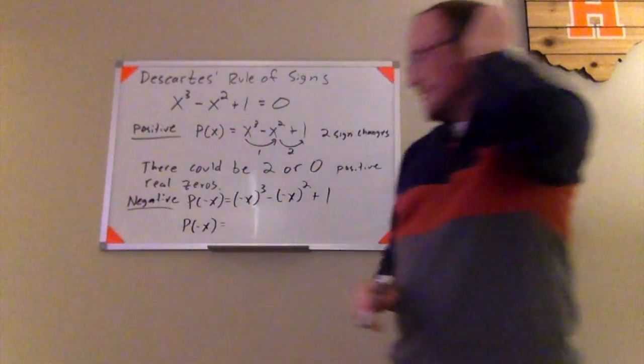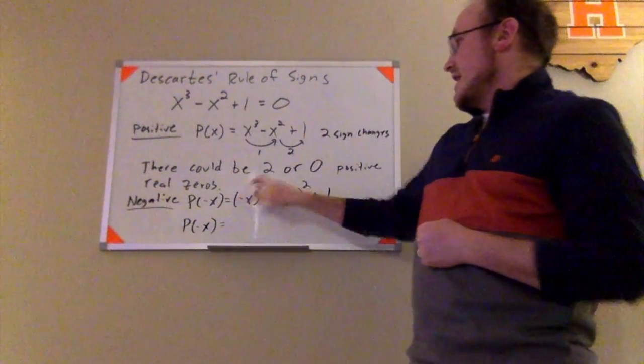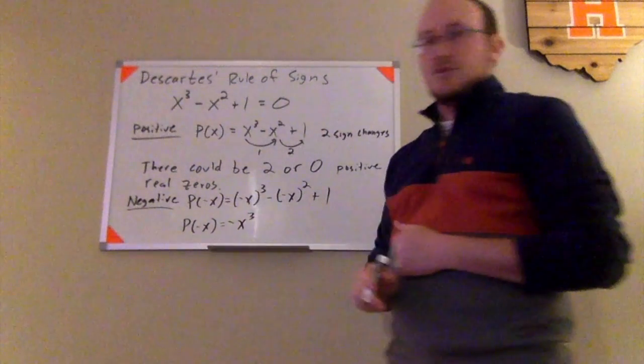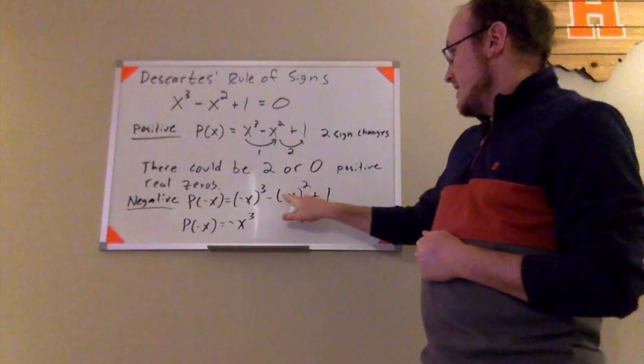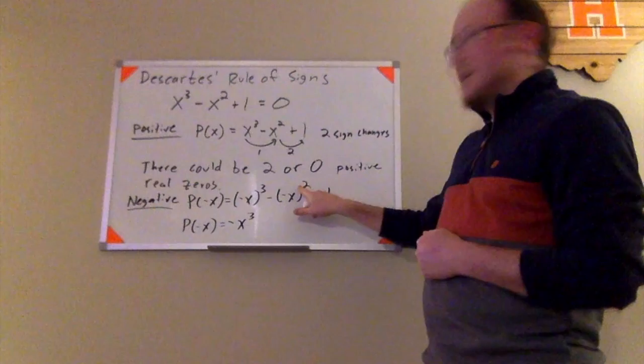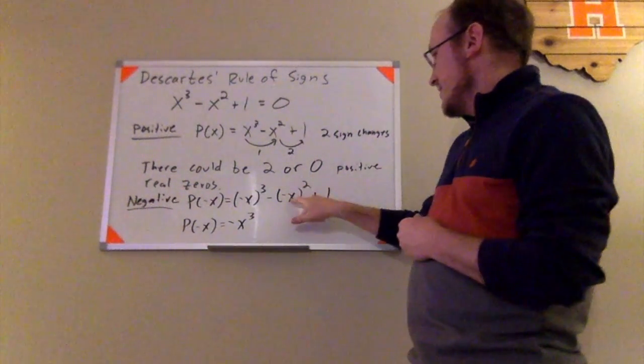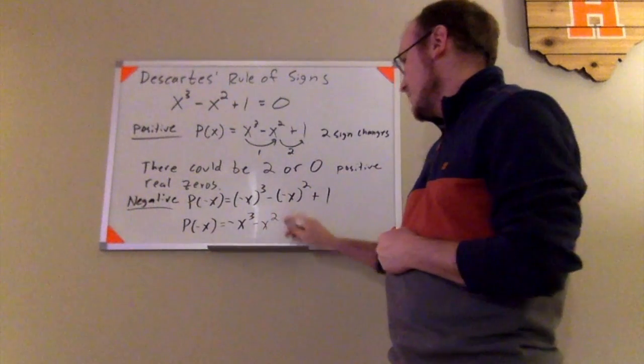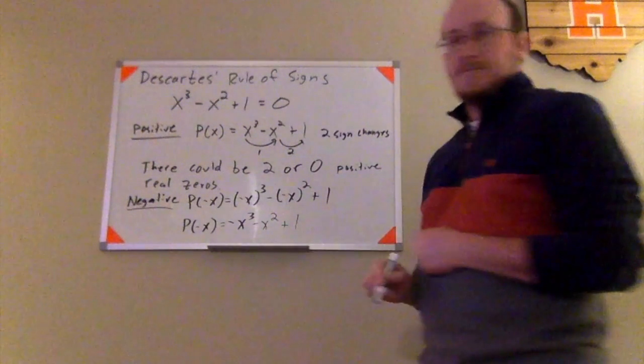And then I'm going to simplify that a bit. If I take a negative and I cube it, I get a negative. So that's just going to give me negative x cubed. If I take a negative and then square it, that's going to be positive, but then I still have this minus sign out in front. So that will be minus x squared and then plus 1.